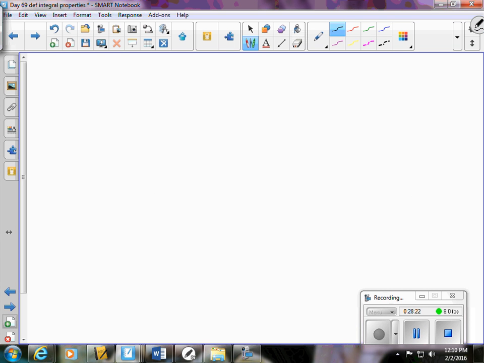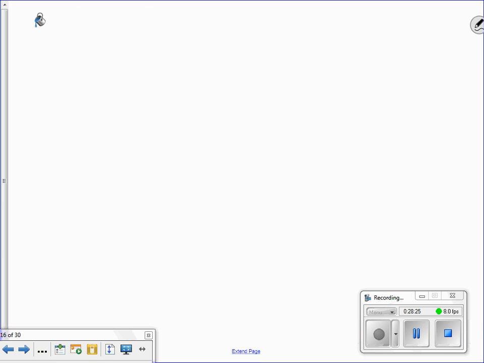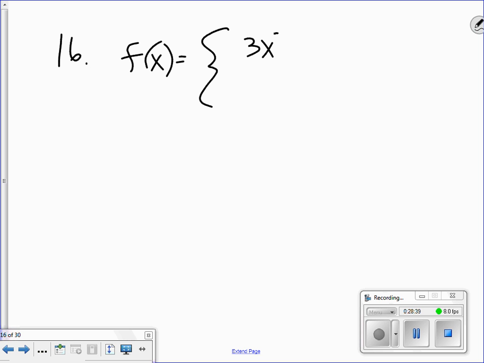I don't even remember what it was. I have to look. You have a piecewise function. So y is equal to 3x squared when x is less than or equal to 0, and equals negative 1 when x is greater than 0.